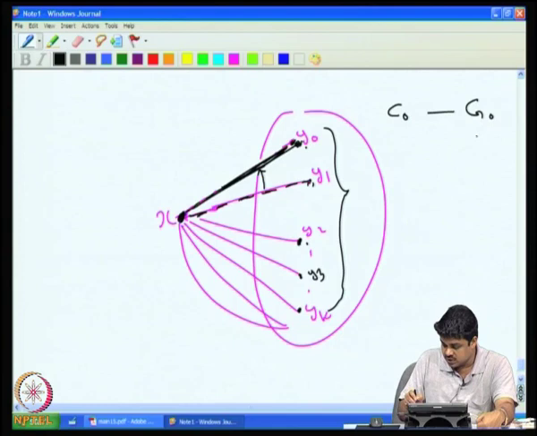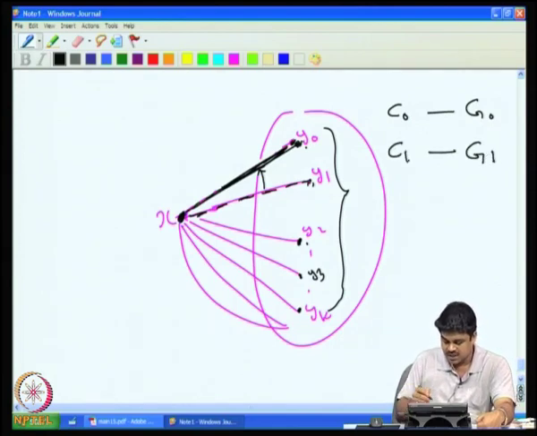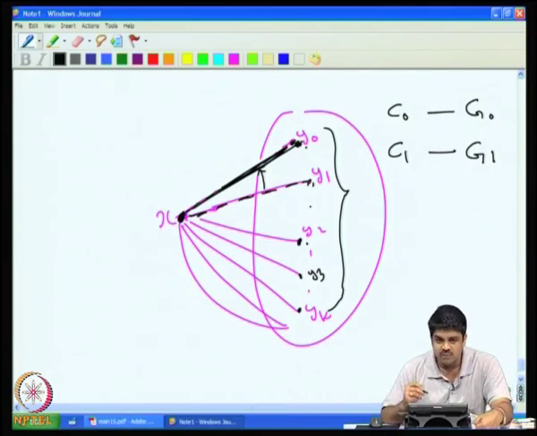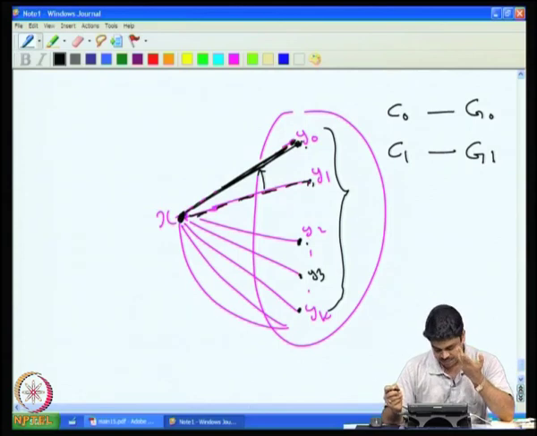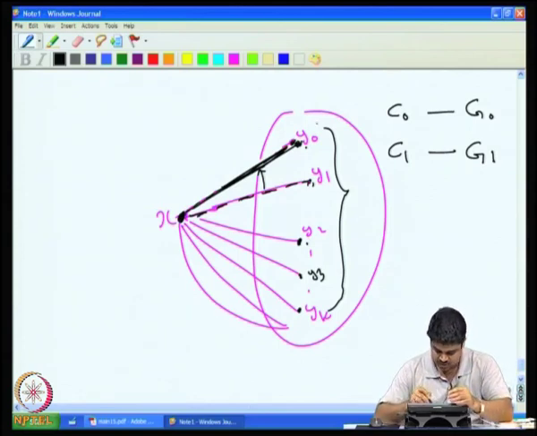So this new graph can be called G1, and the new coloring may be called C1. C1 and C0 are only very slightly different, the coloring is more or less the same, it is just the exchange, all other edges will retain their coloring.